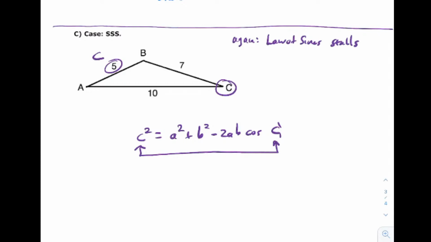By the way, that's standard naming notation. I don't know if I ever mentioned that in this course, but usually you call one angle A and it doesn't matter which one. You call another angle B, but the side across from that is little b. You call another angle C, and then the side across from that is little c. So little a across from A, little b across from B, little c across from C. That's actually standard geometry stuff.